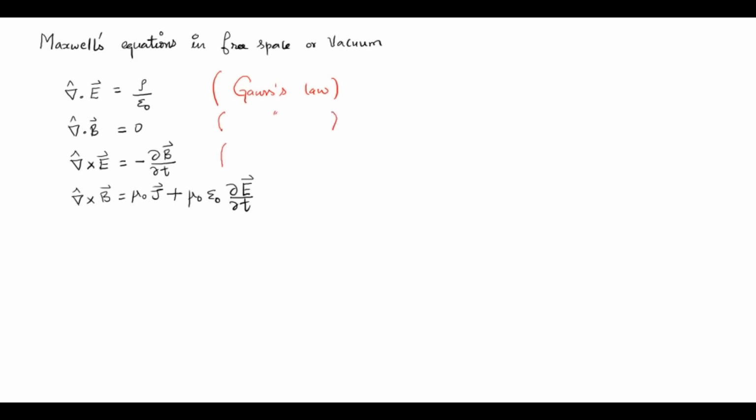The third one is called Faraday's law of electromagnetic induction. And this is the modified form of Ampere's circuital law.